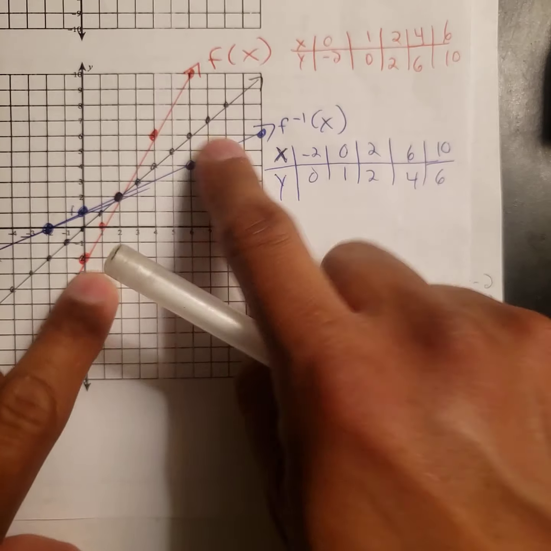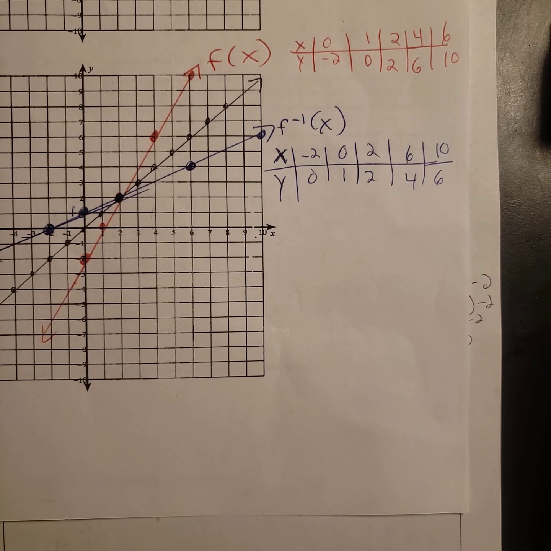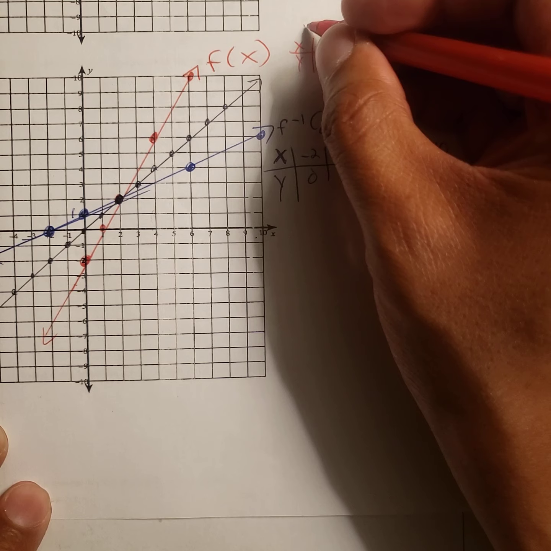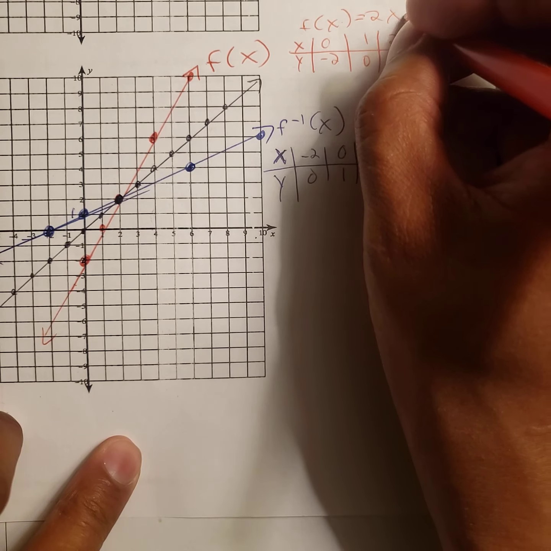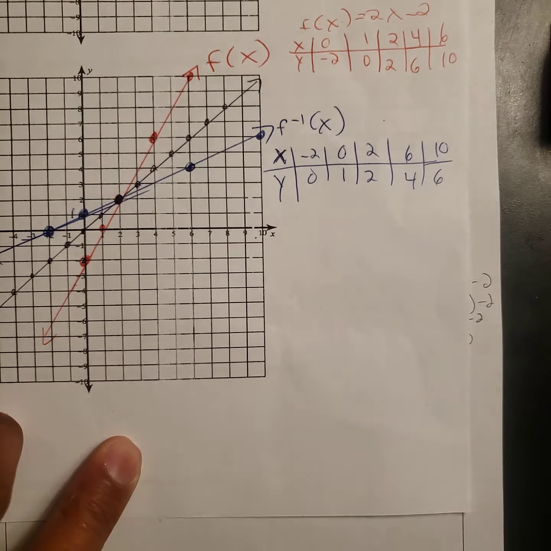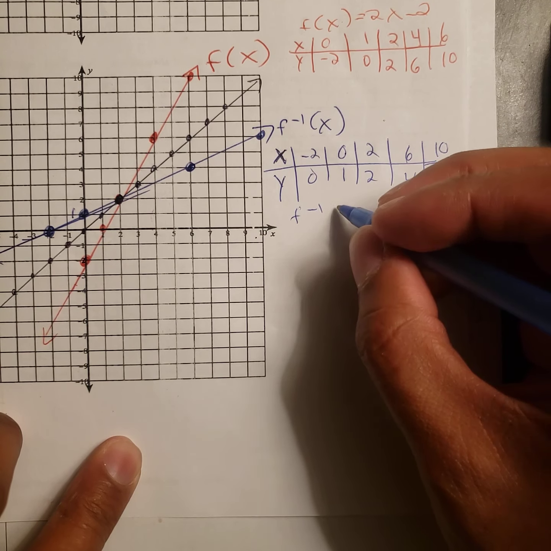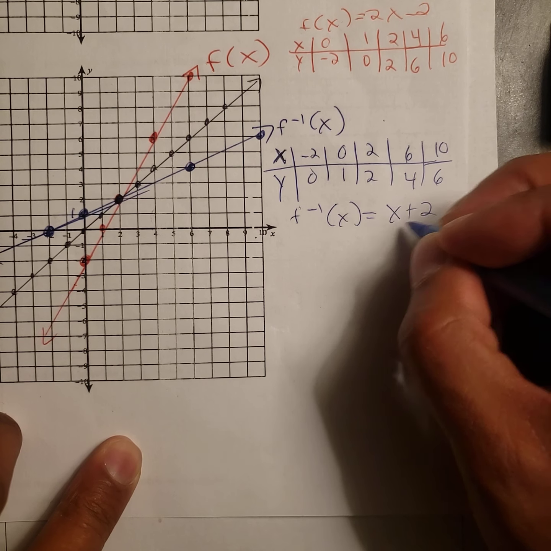Okay, here's what was our original function. f of x was equal to 2x minus 2. And the inverse of f of x is equal to x plus 2 over 2.